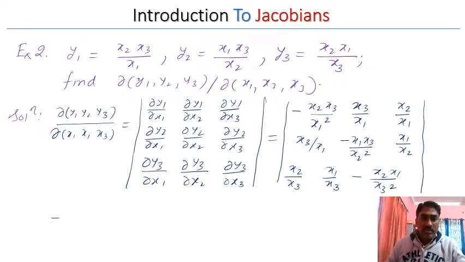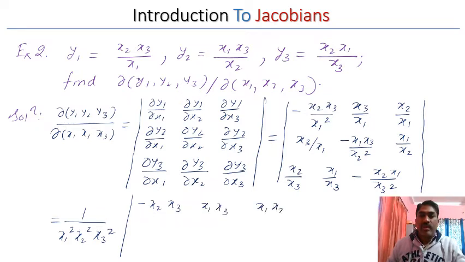So we will get 1 by x1 square, x2 square, x3 square, and then the determinant with rows: minus x2 x3, x1 x3, x1 x2; then x2 x3, minus x1 x3, x1 x2; and finally in the third row x2 x3, x1 x3, minus x1 x2.